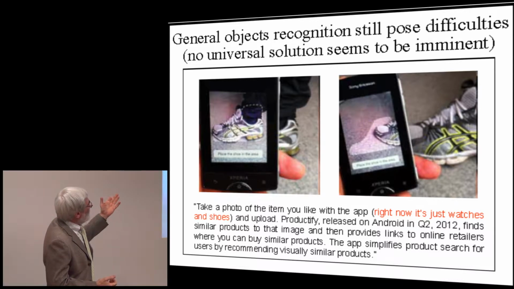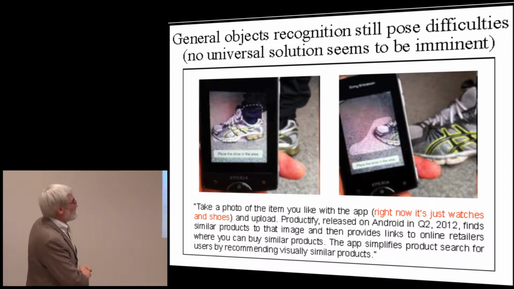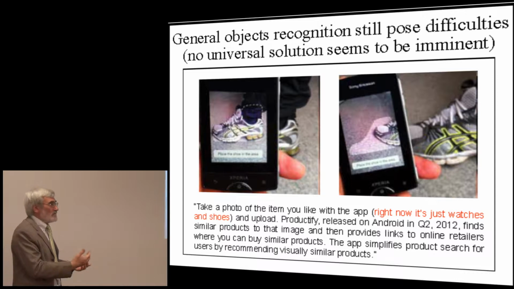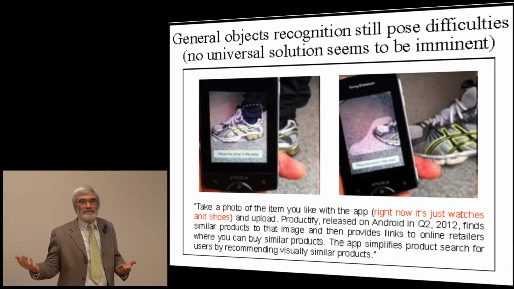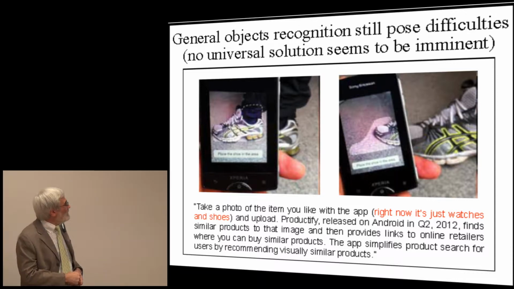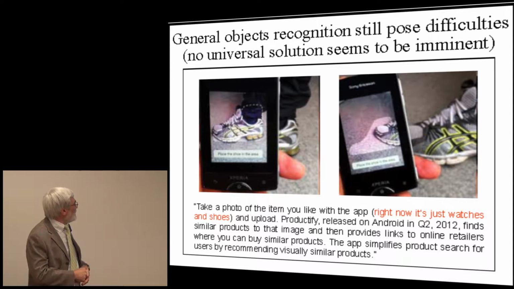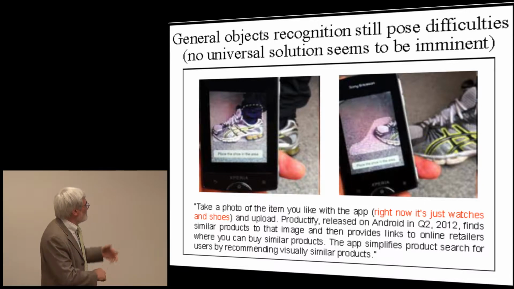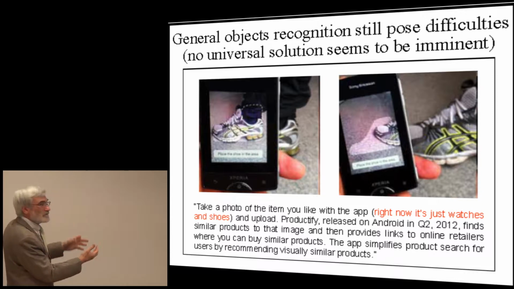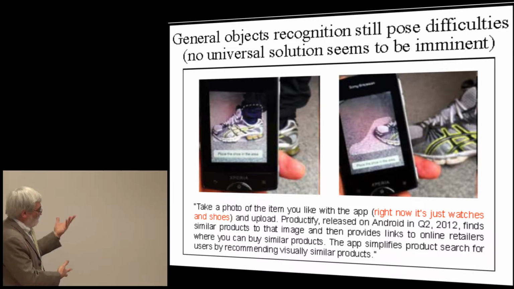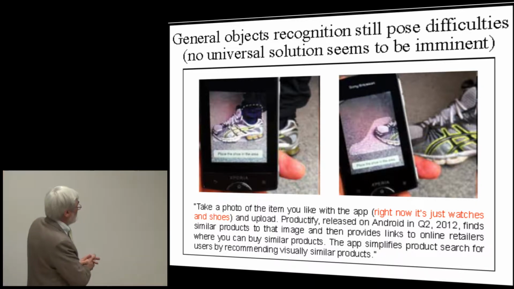So, very, very simple task. You want to get a comparison of different types of shoes, and it's impossible actually to do meaningful recognition of those kind of objects because of many fundamental difficulties.